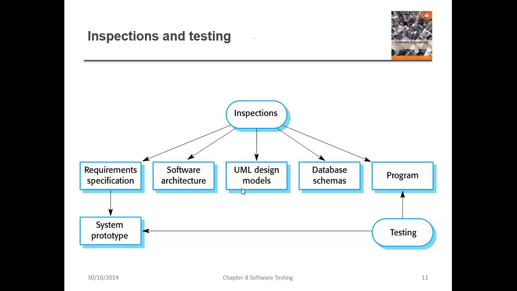If you look at it, you see that there are arrows coming from inspection, and we also have arrows coming from testing pointing at the program and the system prototype. What are we learning from this diagram?